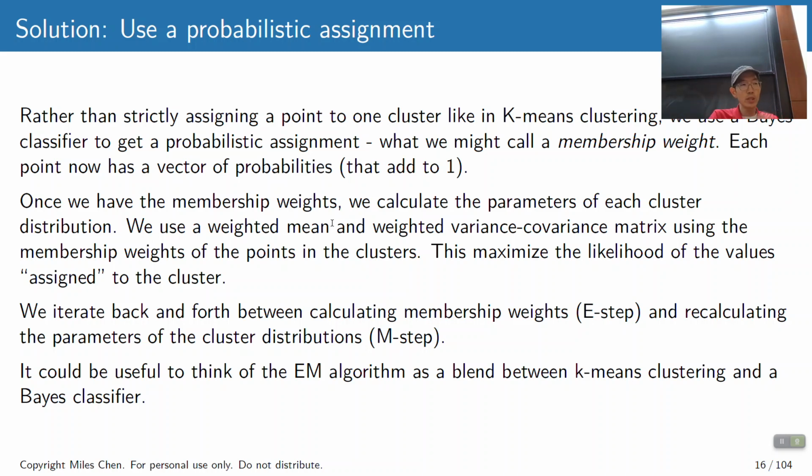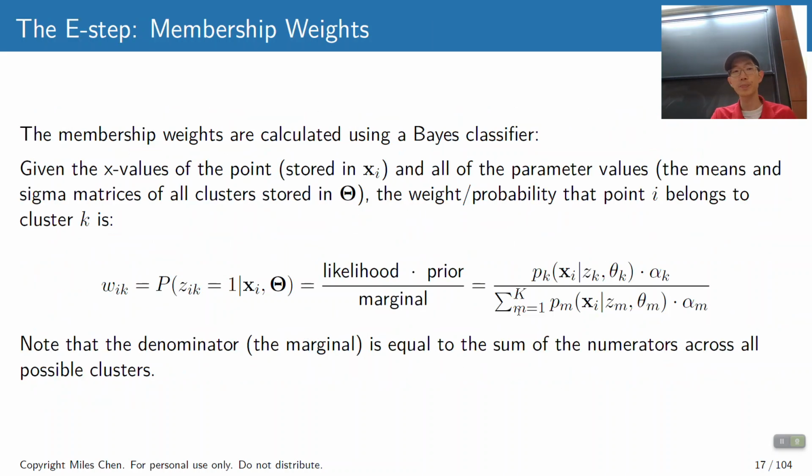We are going to reassign and recalculate, but the reassignment is done using the Bayes classifier, and the recalculations are done using weighted versions of the mean and covariance. So the Bayes classifier comes in on our E step, which is how we get our membership weights.